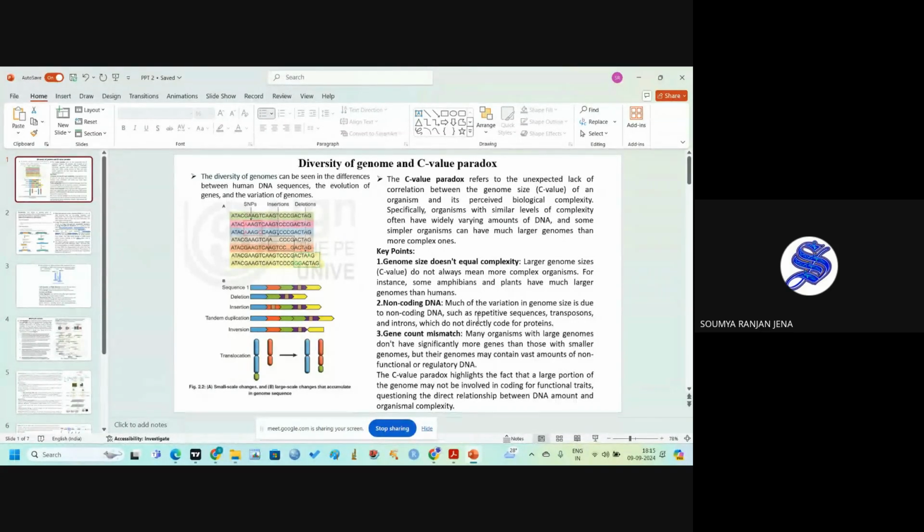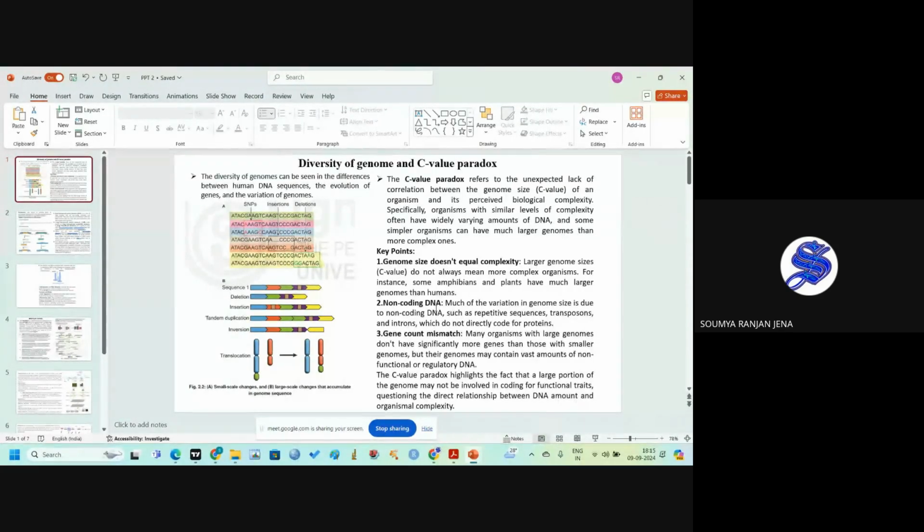These are non-coding DNA parts. These parts of the genome don't give rise to any proteins. So these introns and transposons do not directly code for proteins.